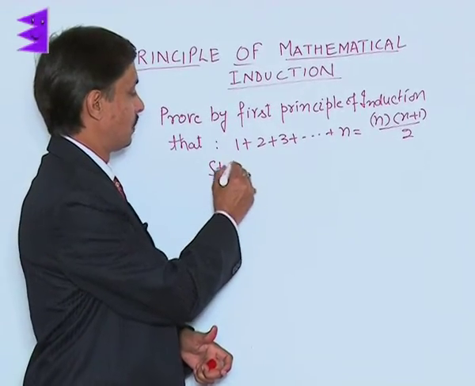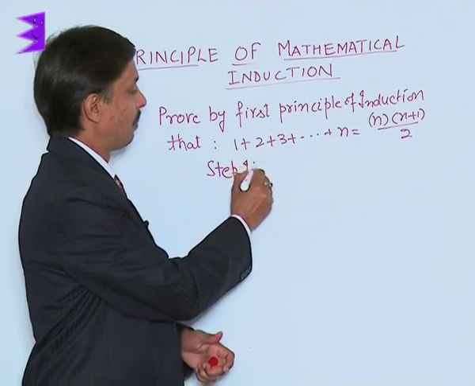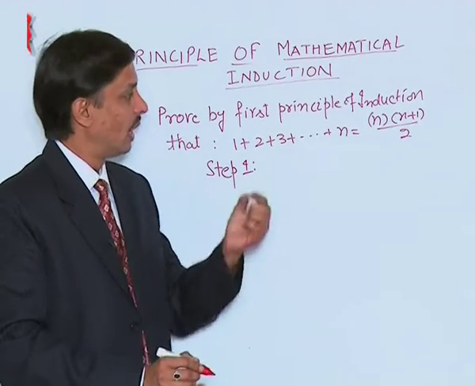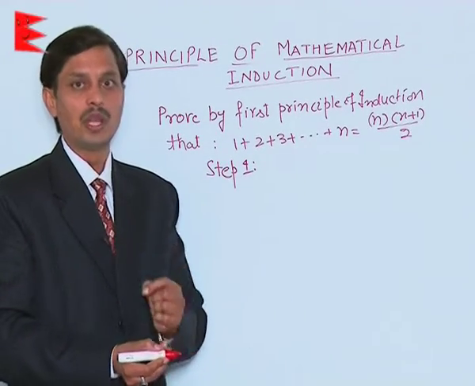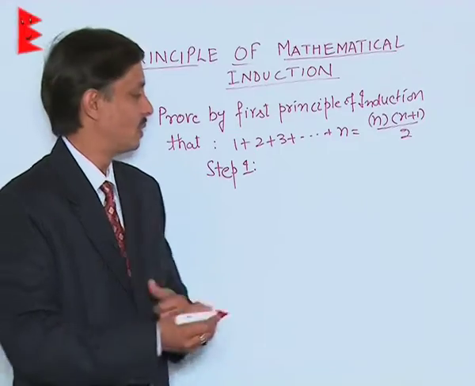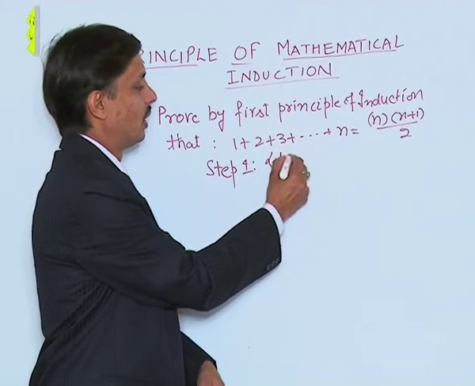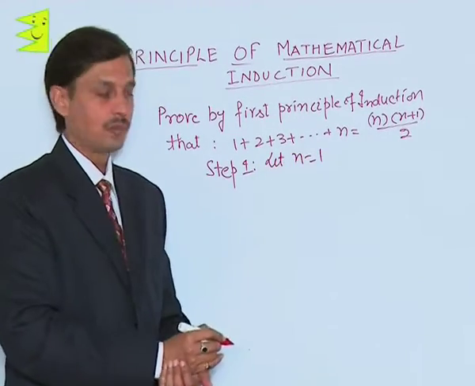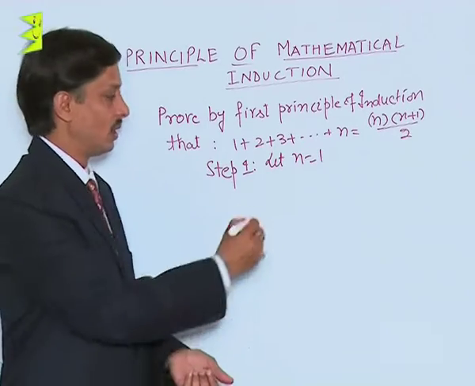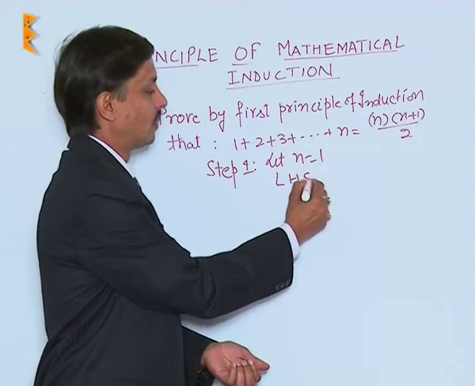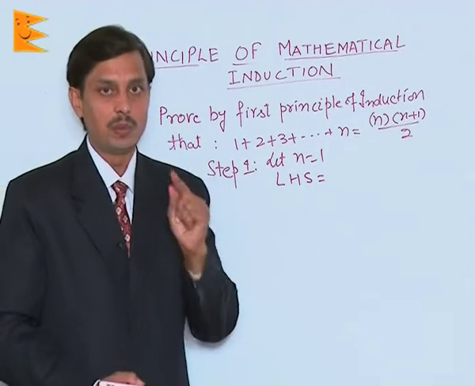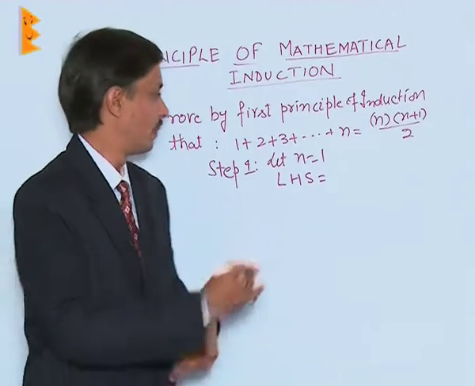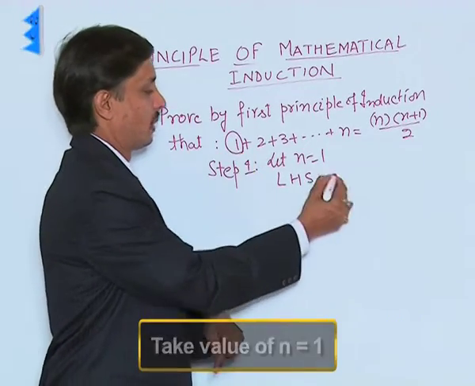First step is step number 1. Let us suppose we take the value of n as 1. So I am taking here, let n equal 1. If n is 1, then what is our left hand side? Left hand side means I have to take the first term. This is what? 1.